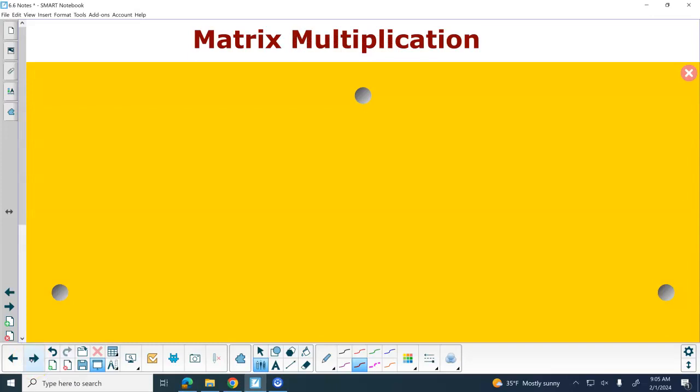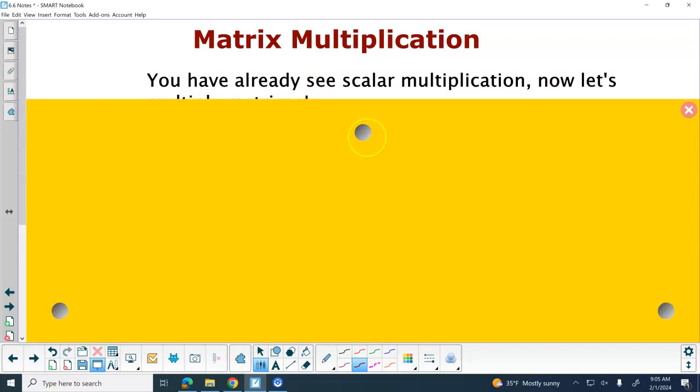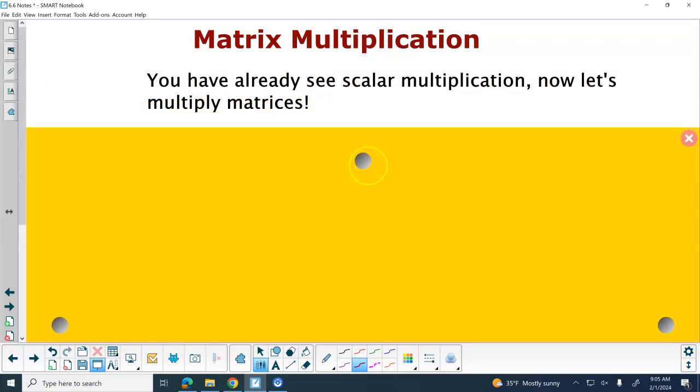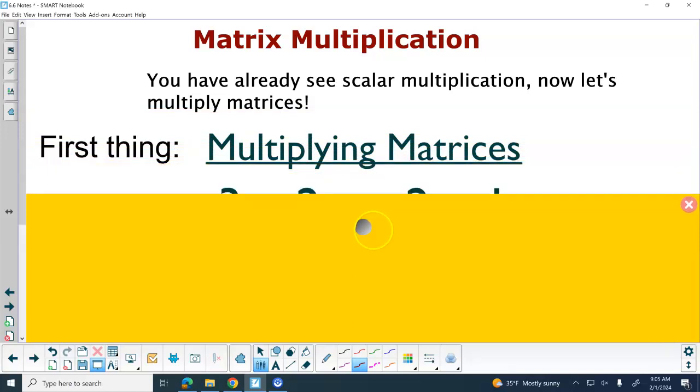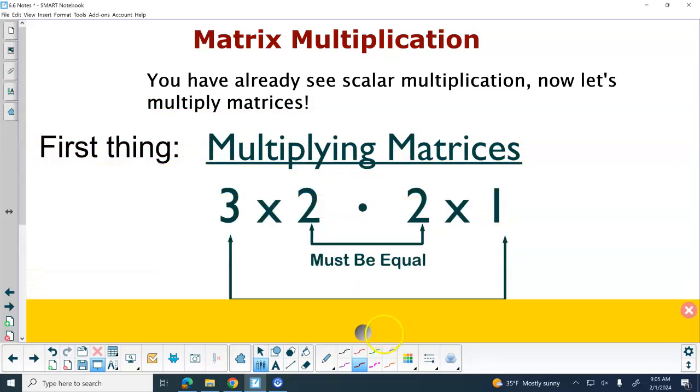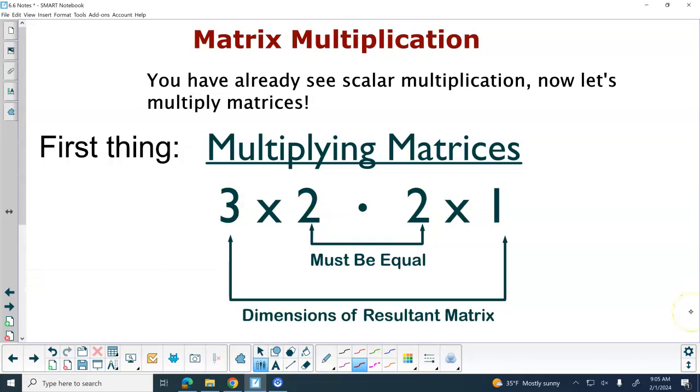So if I am going to multiply 2 matrices together, the very first thing that I have to do, before I can even begin to think about getting the answer, is look at the dimensions. And I have to write out the dimensions in order, left to right.